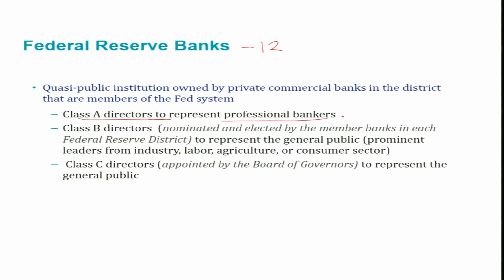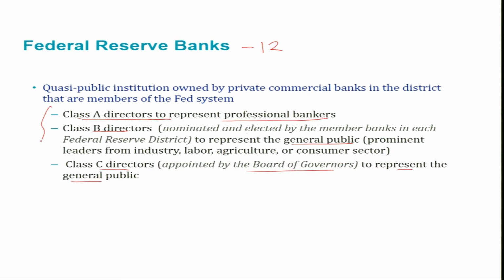In addition, there are class B directors, nominated and elected by member banks in each Federal Reserve district to represent the general public, that means prominent leaders from industry, labor, agriculture or the consumer sector. And there are class C directors, appointed by the Board of Governors to represent the general public.